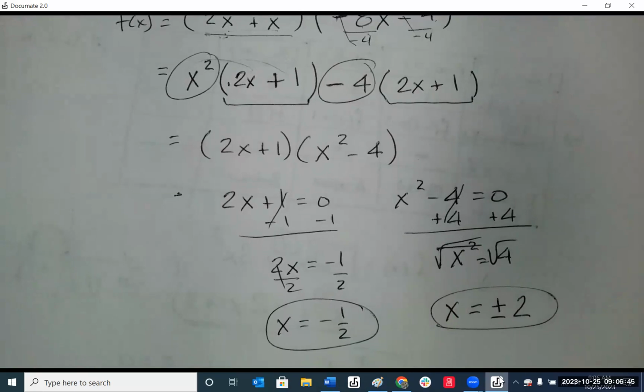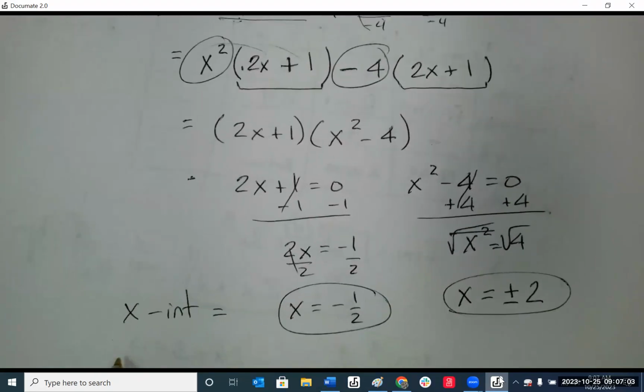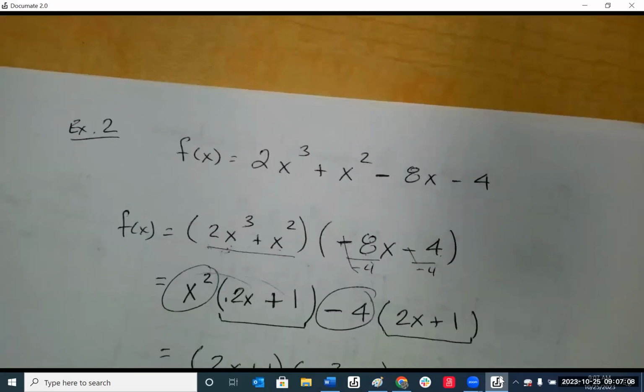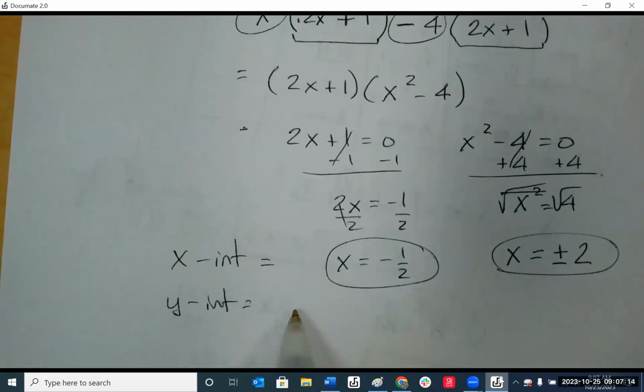Those are my 3 answers. So my x-intercepts are these. What's my y-intercept? It's the constant. It's negative 4.